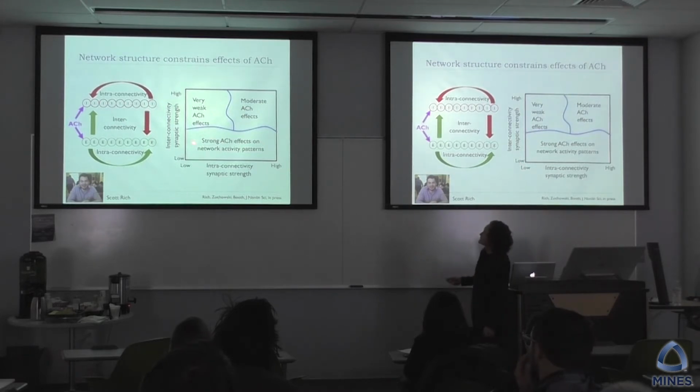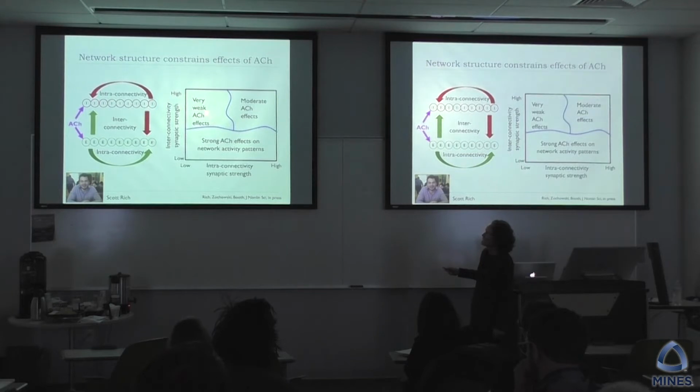And basically, here again is a cartoon of our overall results, depending on network structures where we're varying interconnectivity or varying intraconnectivity. What we found is that up here in this upper right-hand corner, where the interconnectivity is strong but the intraconnectivity is weak, the acetylcholine changes to the cell types had very little effect.